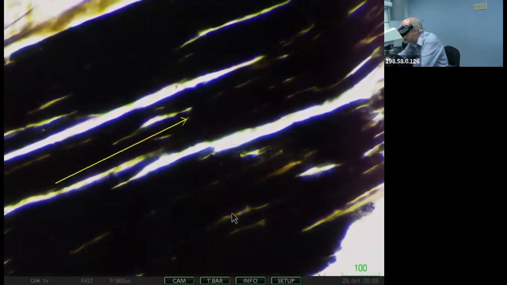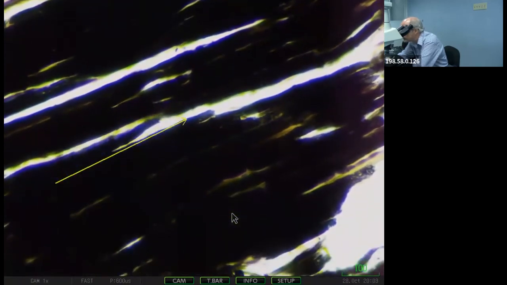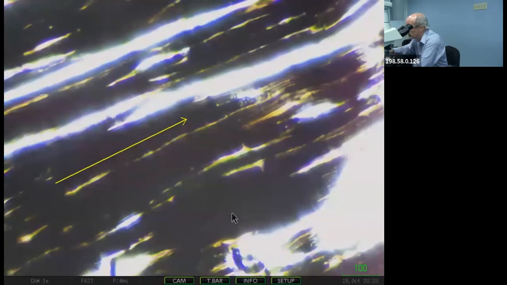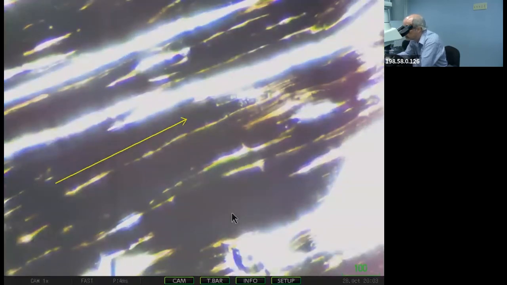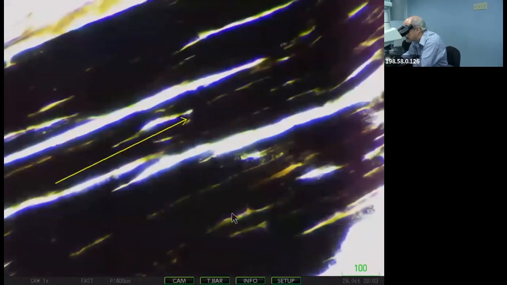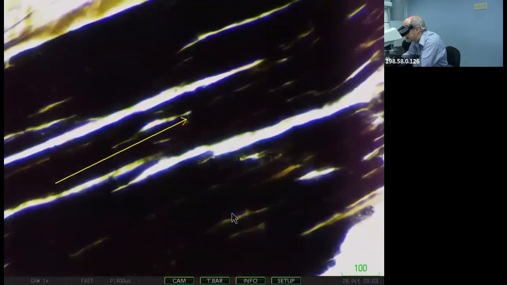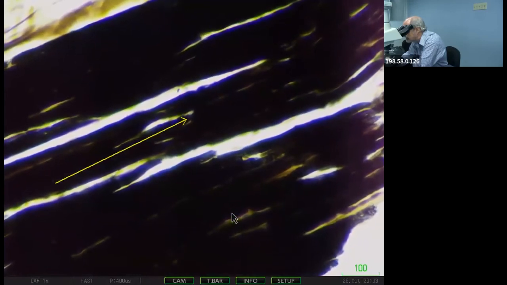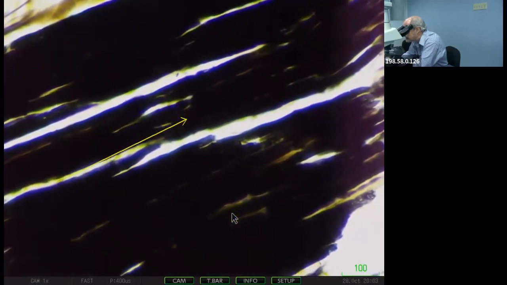The problem is that the light is moving. So the area which is here, okay? But I have to move it upstairs, above. So see where this fiber is, okay? And try to follow it.